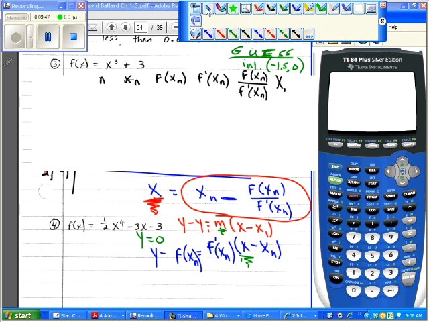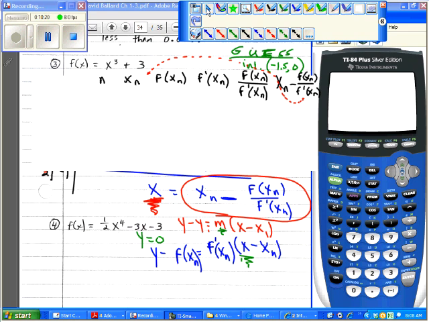And then I'm going to have x sub n minus f of x sub n over f prime of x sub n, and this is going to be my next x sub n. Okay?